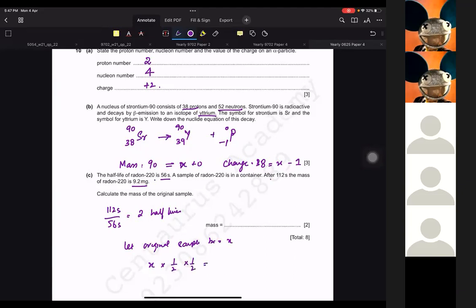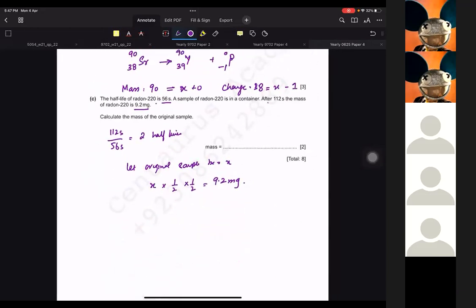So it has given us 9.2 milligrams. If you want to find X, we multiply 9.2 times 2 times 2. So what is the answer? 36.8 milligrams, isn't it? Everybody understands this?